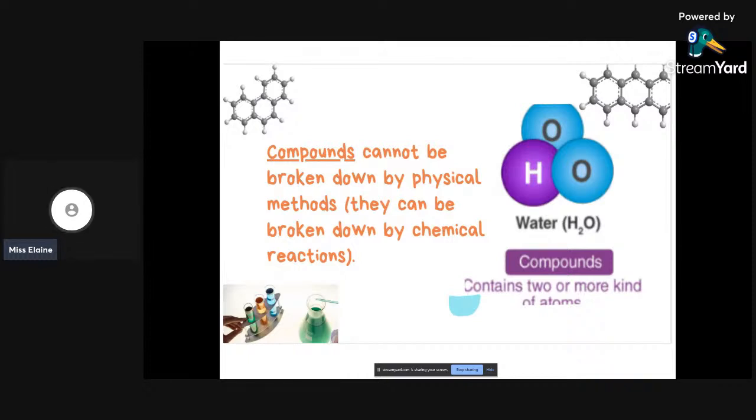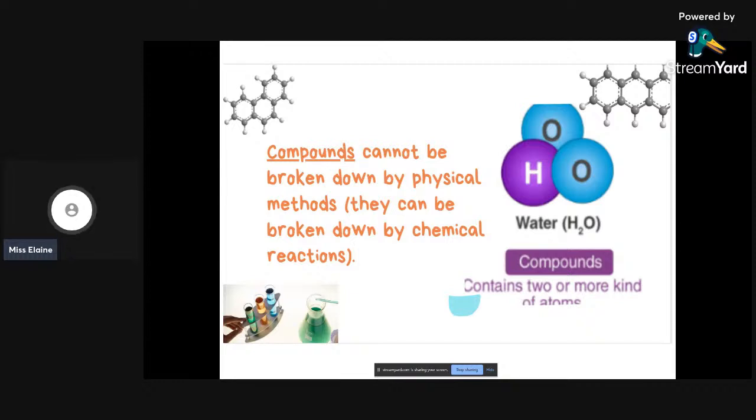It says here, compounds cannot be broken down by physical methods. They can be broken down by chemical reactions. So in our live session, I'm going to ask you what this means. It means compounds cannot be broken down by physical methods but can be broken down by chemical reactions.